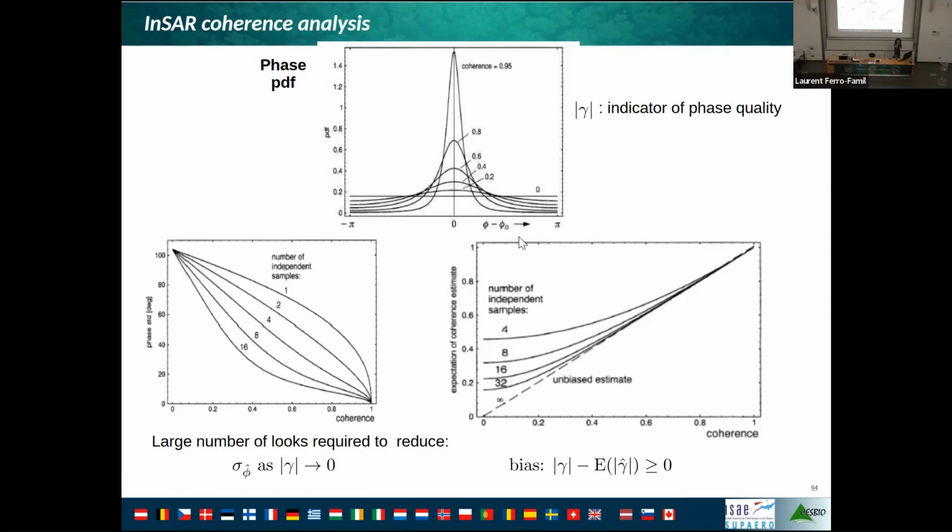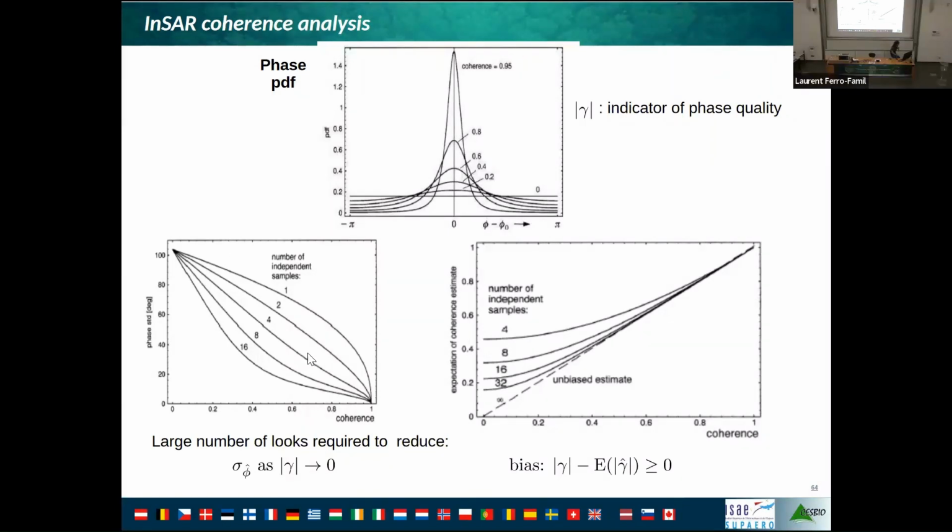So it's distributed very narrowly around the true value. When the coherence modulus decreases, the distribution becomes homogeneous. And at the end, when the coherence is 0, you don't need to measure the phase. You can generate it randomly. You will have the same information because it is uniformly distributed, independently of the phi0 value.